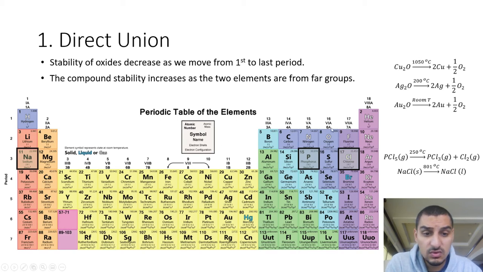But for sodium chloride, which is more far away from the chlorine, you have to heat it up to 810 degrees Celsius. So this is something that we understand from before, but it's good to mention here as well.